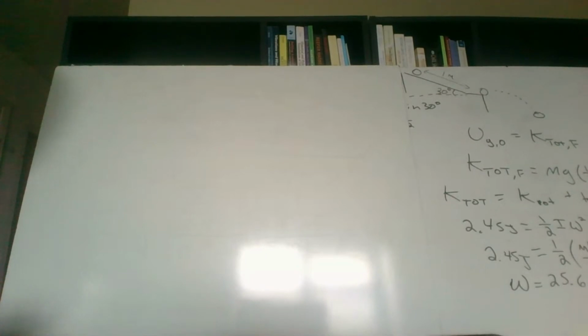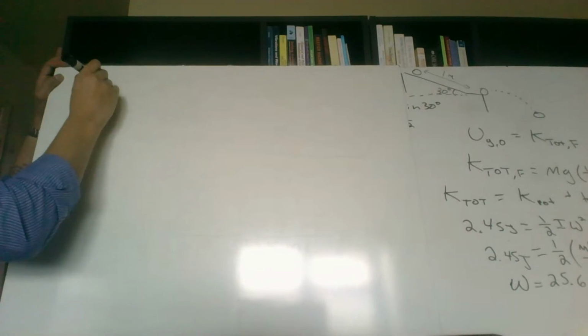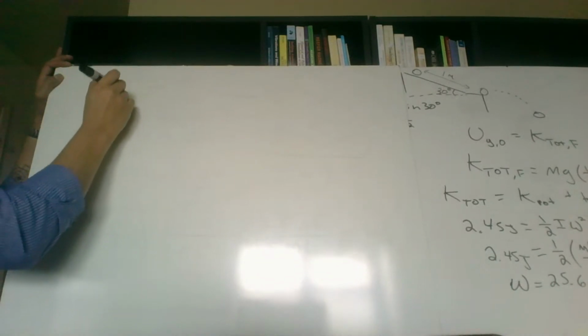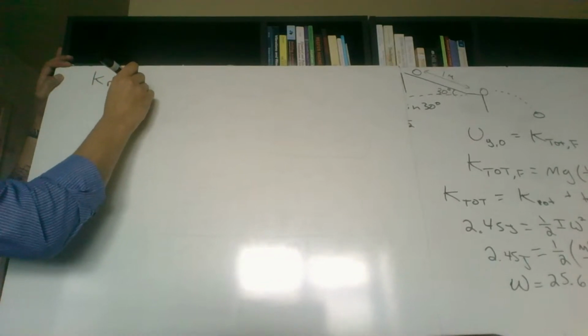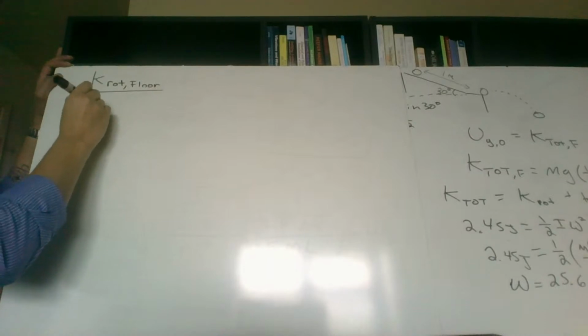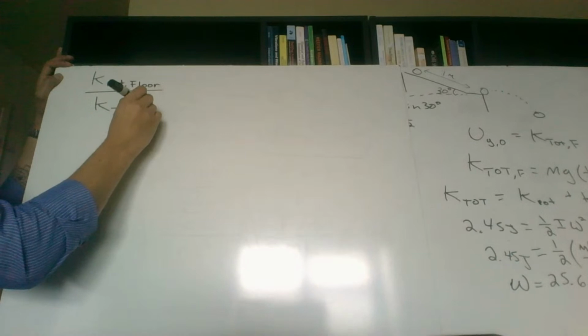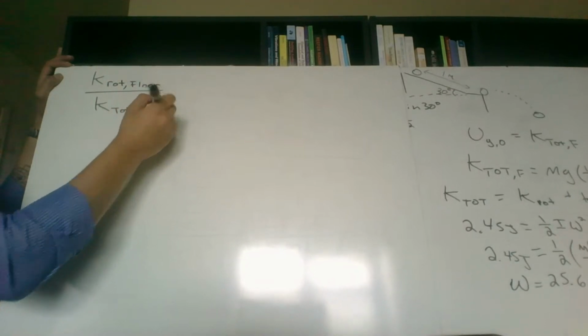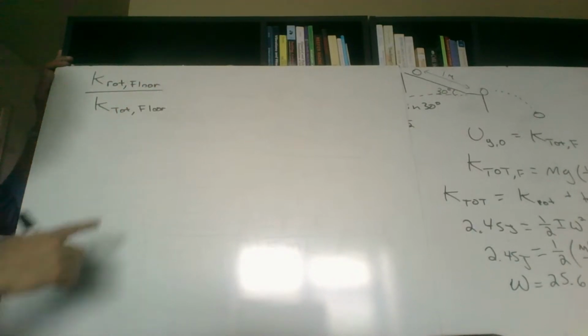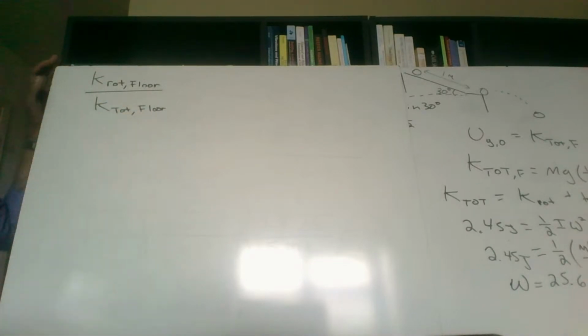The next part of the question is asking you to compare the rotational kinetic energy at the floor over the total kinetic energy at the floor. So they want you to compare the rotational kinetic energy at the floor divided by this.